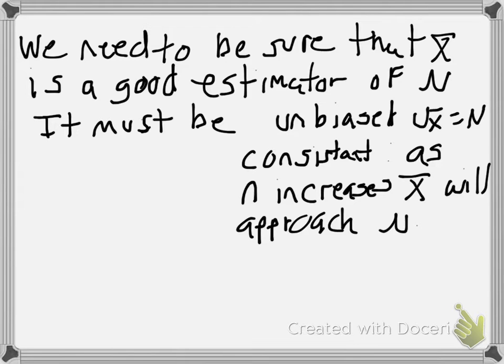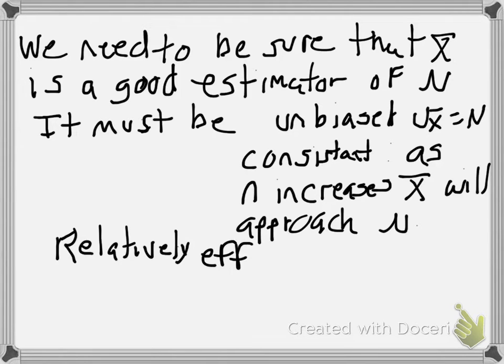Okay, and the last thing it needs to be is relatively efficient. Now, what in the world does that mean? It has to be more efficient than I am writing with this stylus.